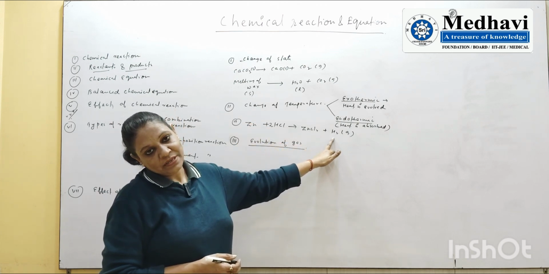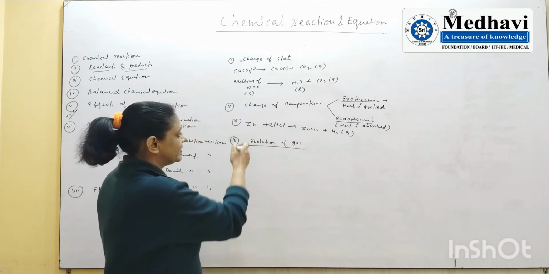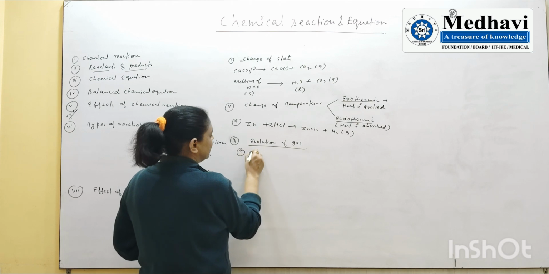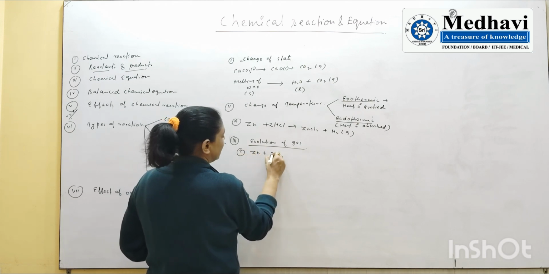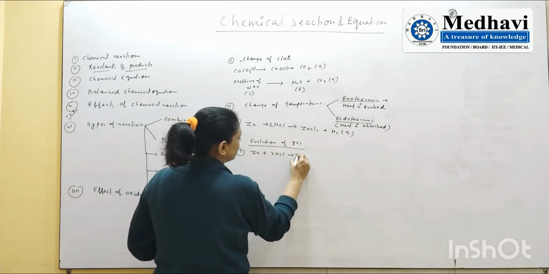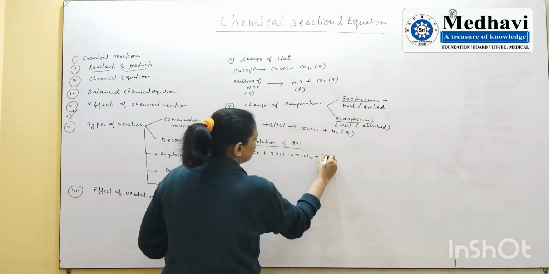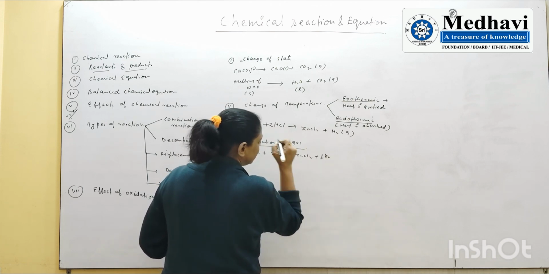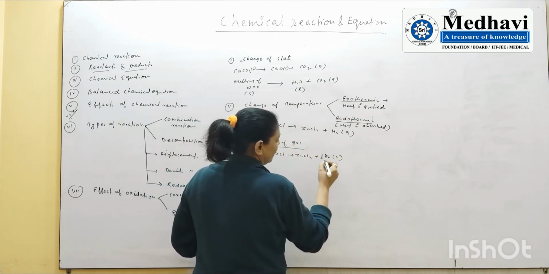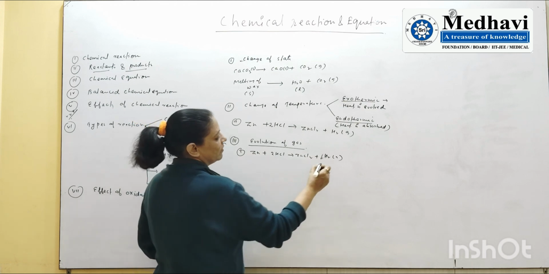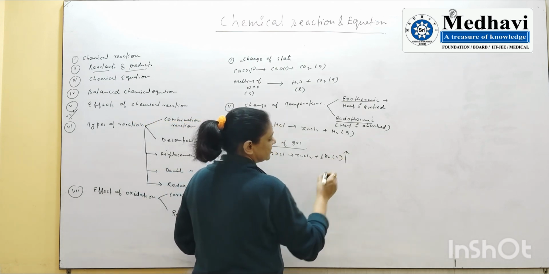Zinc granules react with hydrochloric acid to produce zinc chloride plus bubbles of hydrogen gas, and in this case the temperature increased and gas evolved.